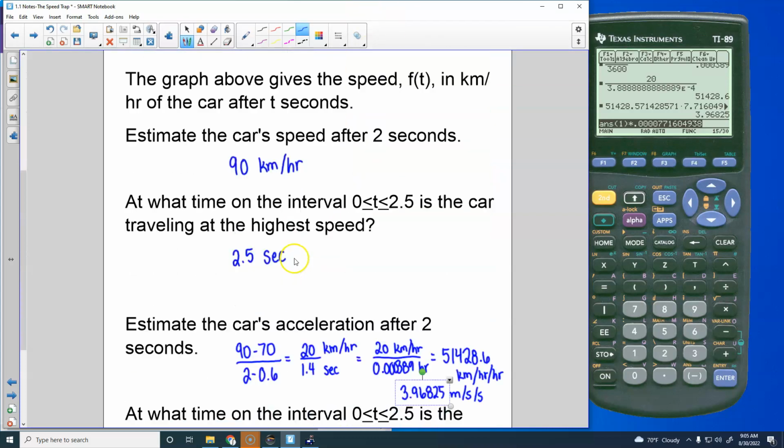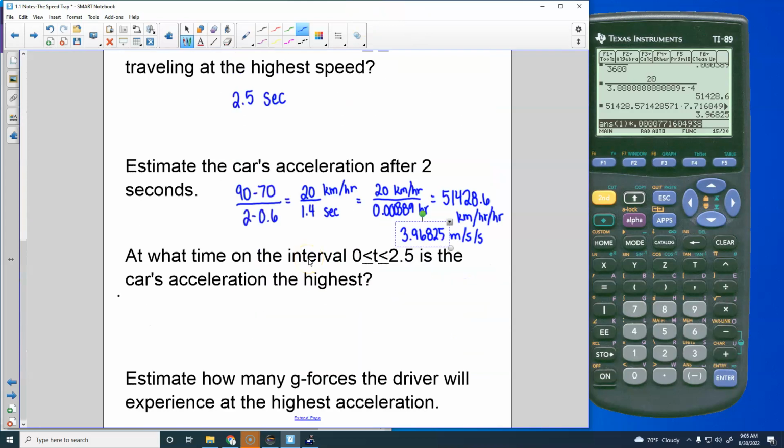So we would say here at the beginning. So we're going to estimate how many G-forces the driver will experience at the highest acceleration.